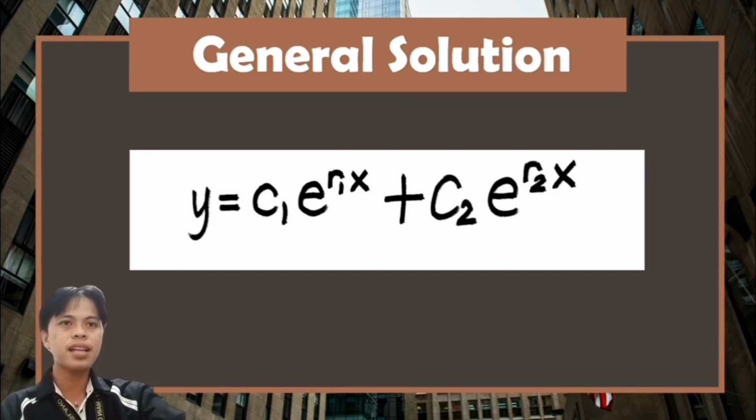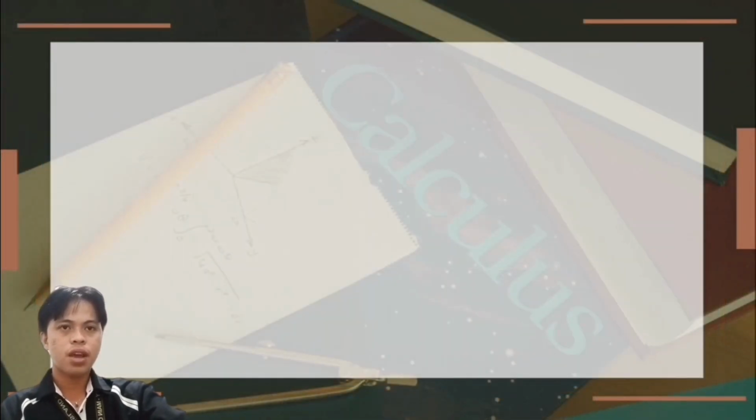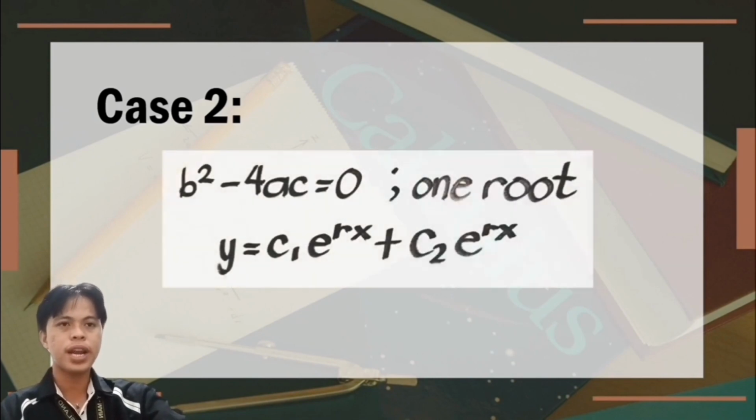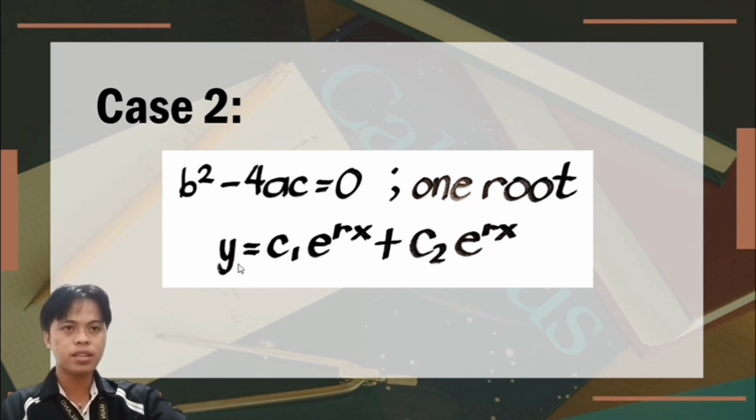Now for the second case, when the discriminant b squared minus 4ac is equal to 0, we have only one root. And the general solution for this would be y equals c sub 1 times e raised to the power of rx plus c sub 2 times e raised to the power of rx, where r here is our one root.